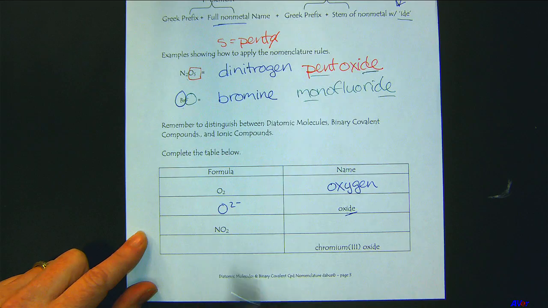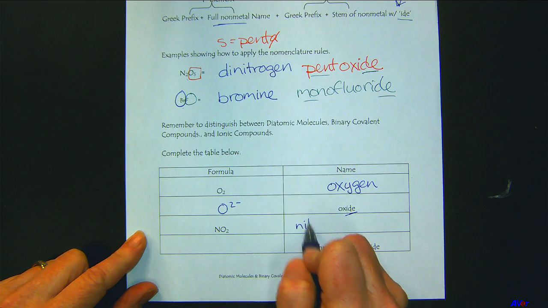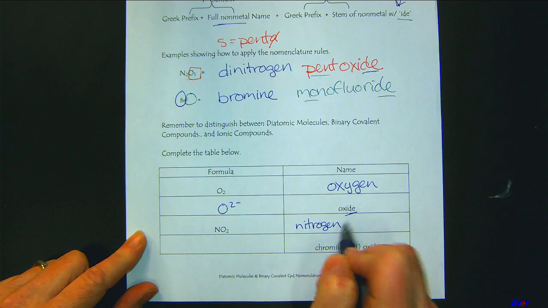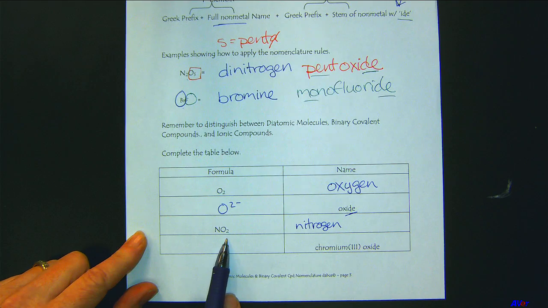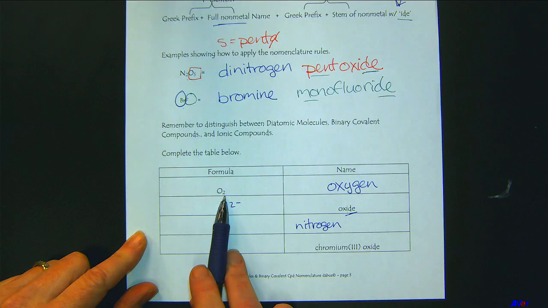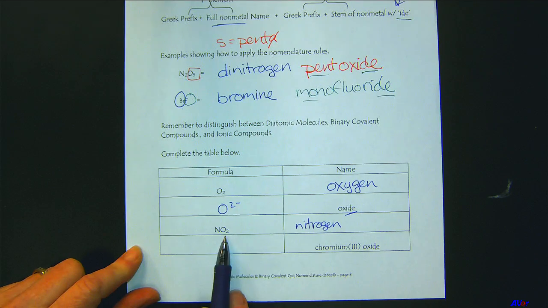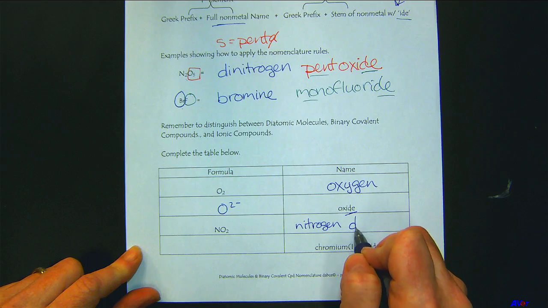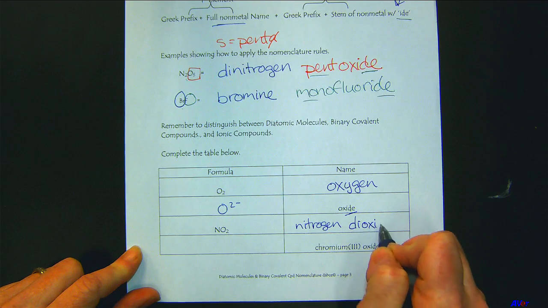There's only one of them, so we skip the mono. All right, now this oxygen is not a diatomic molecule. A diatomic molecule just means we have 2 oxygen atoms. These 2 oxygen atoms are part of a binary covalent compound. So in this circumstance, we would have dioxide.